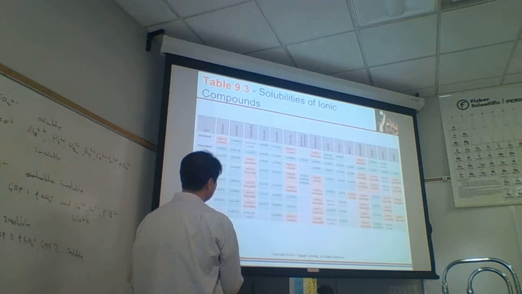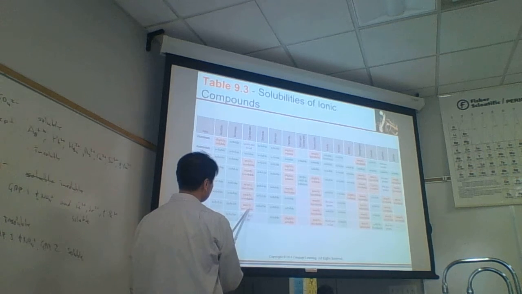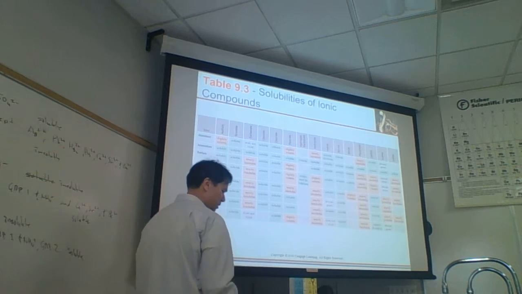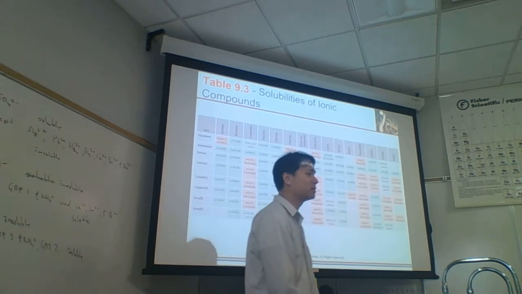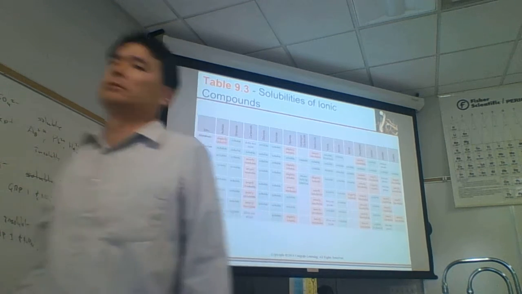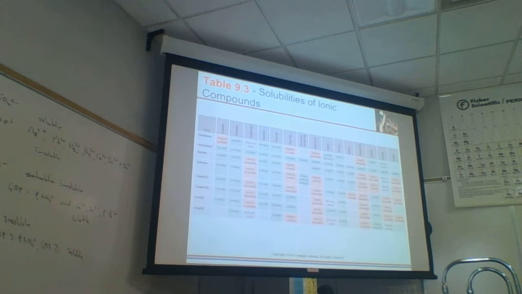But if I said iron 2 carbonate, you would say insoluble. You don't need to know it at this level, but you'd say carbonates, if it's not an exception, you'd say it's insoluble. And so what you have to do is have these rules memorized and know how to use them. That's what we're doing here.